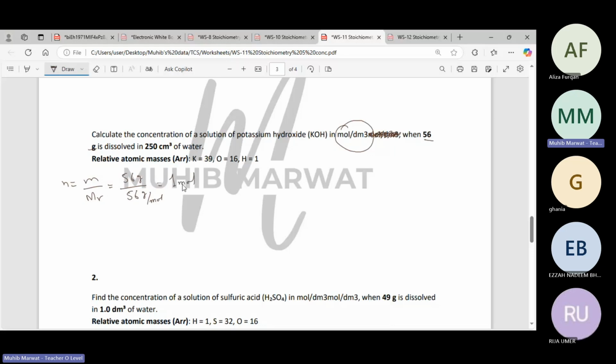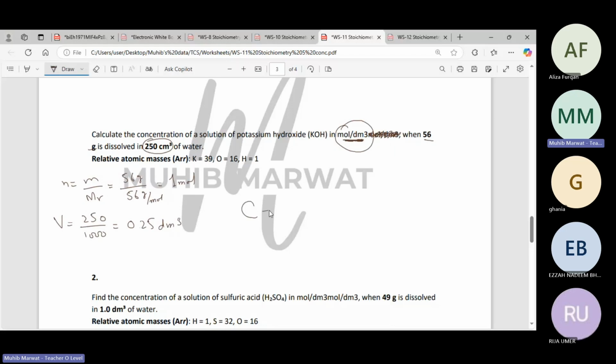Is it clear? Now, you have been asked to find concentration in moles per dm cube, whereas over here volume is in cm cube. So again, you will have to convert this cm cube into dm cube, and that will be equal to 0.25 dm cube. The next step is very simple.